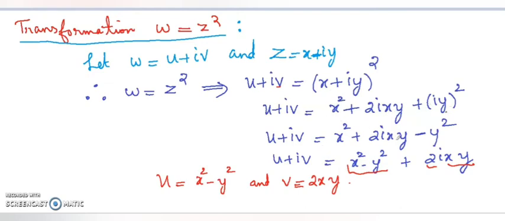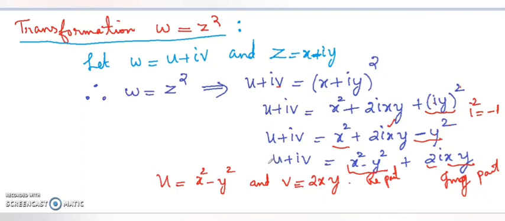Now x plus iy the whole square is a square plus 2ab plus b square. So now here the next step changes. You have i square y square, and i square is minus 1. So that i square y square is minus y square. Now combine x square minus y square, that is the term without i, and this term has i, that is the imaginary part. Now equating real and imaginary part.